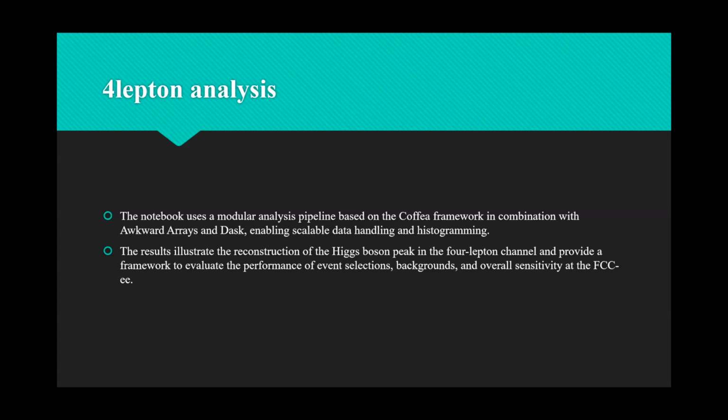These are analyzed across successive selection stages, also called cut flows, designed to enhance the signal to background ratio. The analysis produces histograms and summary tables of event yields for each process, comparing simulated predictions under realistic detector assumptions.